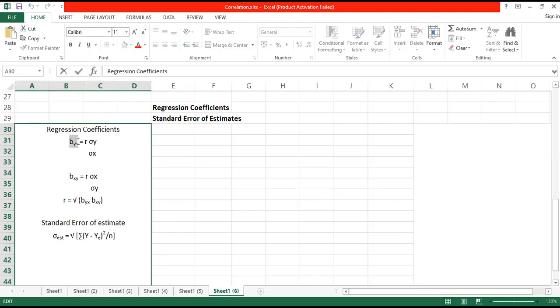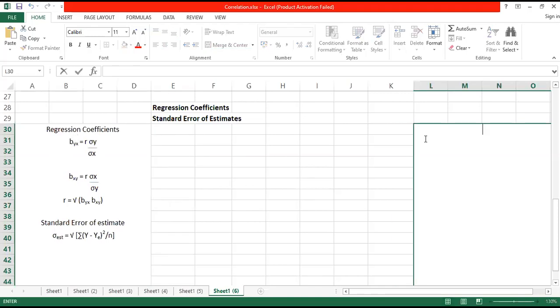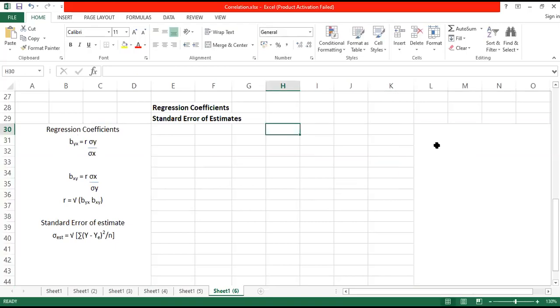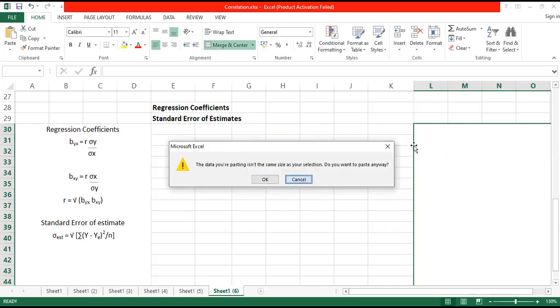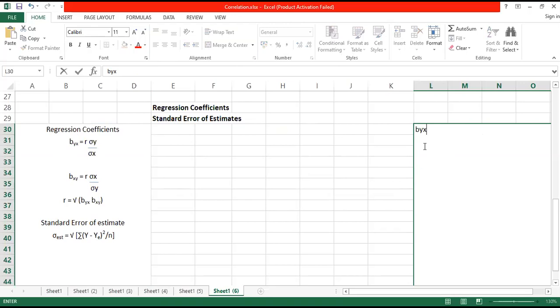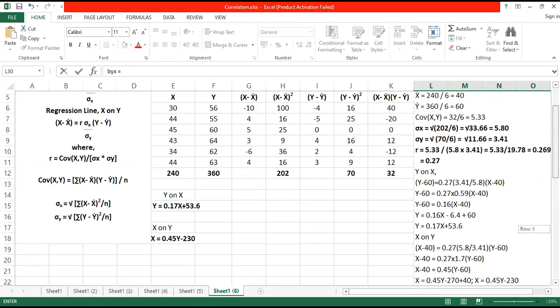So b of yx equals, see, this is r. We'll see the value of r from here.